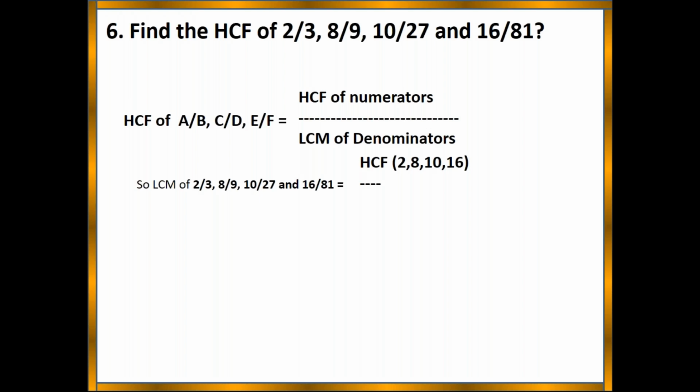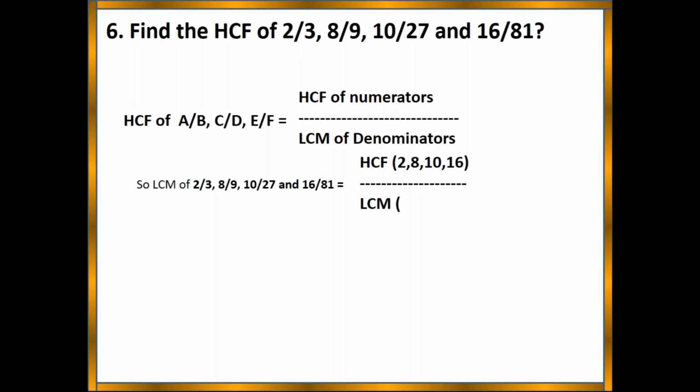So 2 is a common factor among 2, 8, 10, 16. That is the way you have to identify every time. If you go by using pen and paper every time, definitely it is not possible to crack. Spend more time for practice.